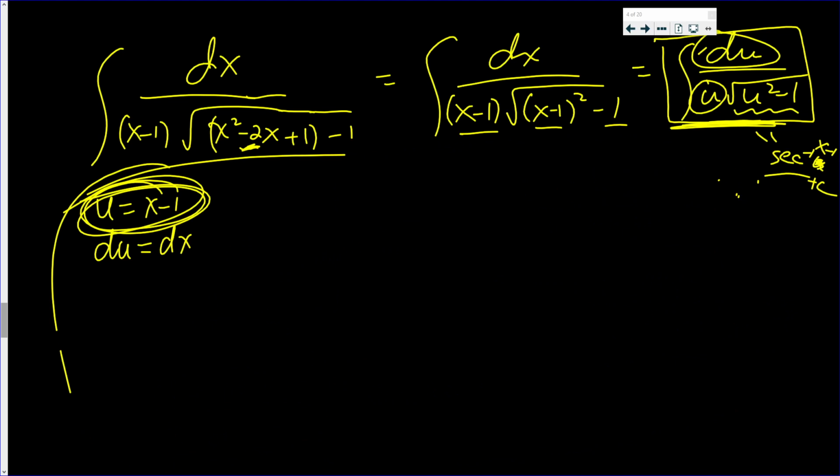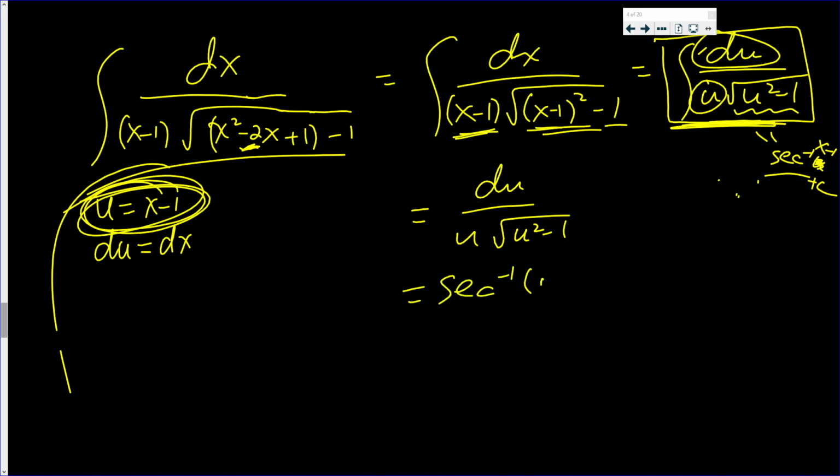Okay, that is du, dx is du, this is u, this is the square root of u squared minus 1 under a radical. Ooh, I remember that. That's arcsecant of u plus c. Just substitute back in what u is. But who wants to remember this? I surely don't. Okay, that completes this section.